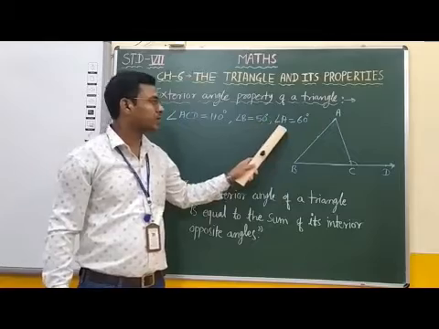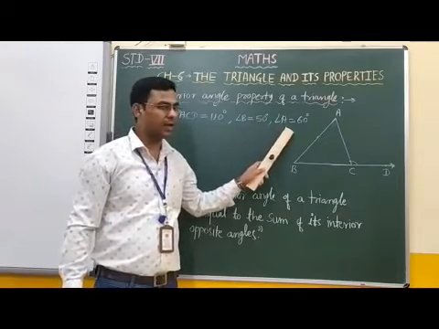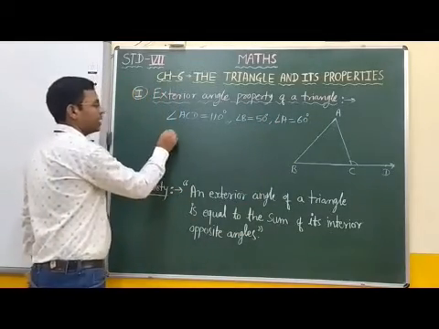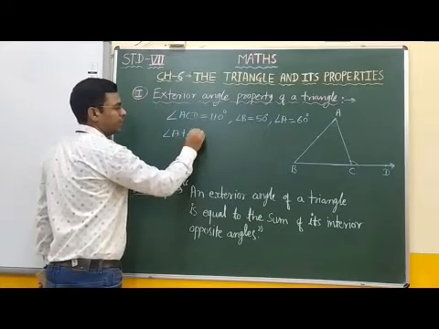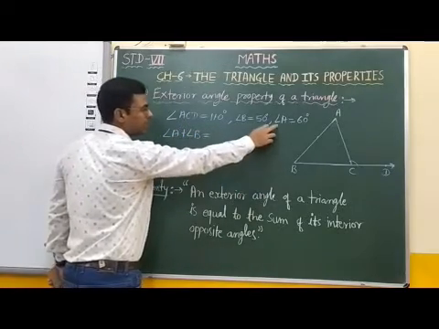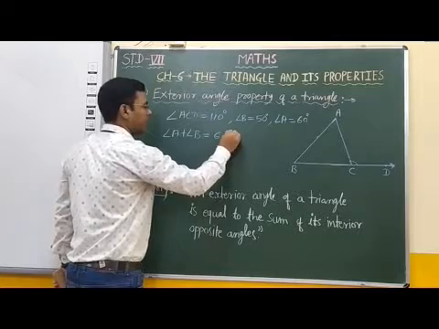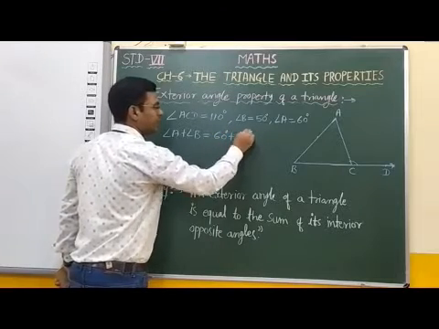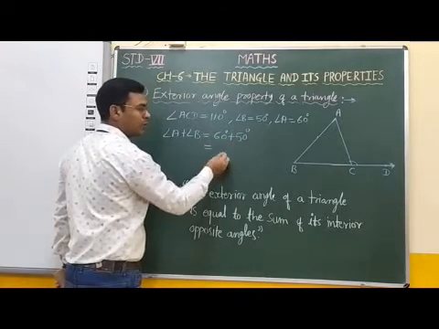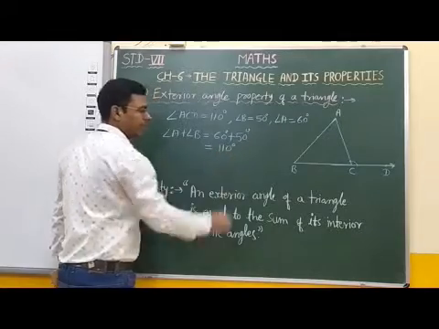If we add angle B and angle A, angle A plus angle B is equal to, angle A is equal to 60 degrees and angle B is equal to 50 degrees, which is equal to 110 degrees.